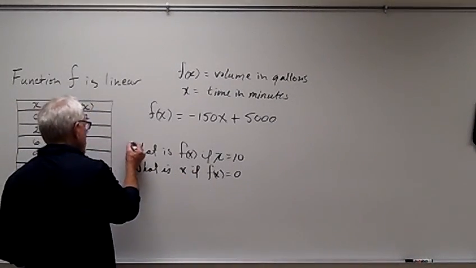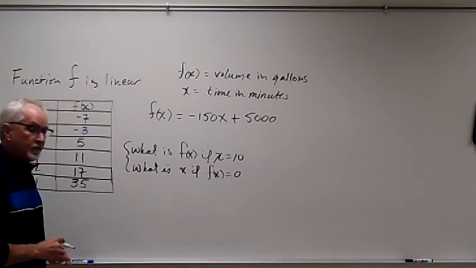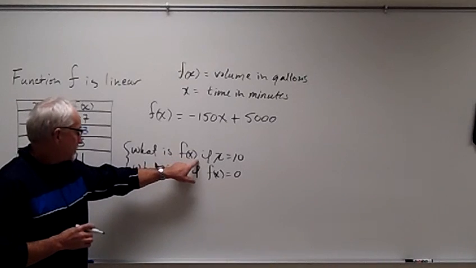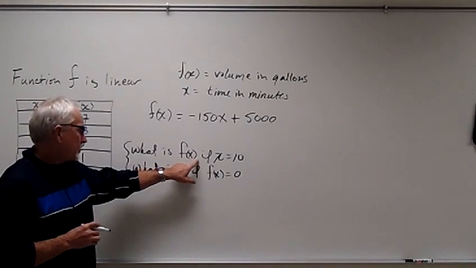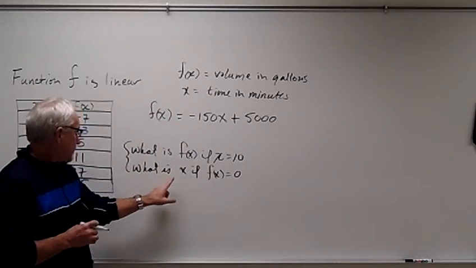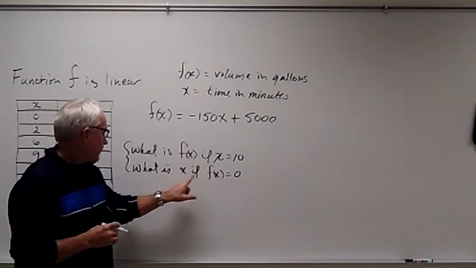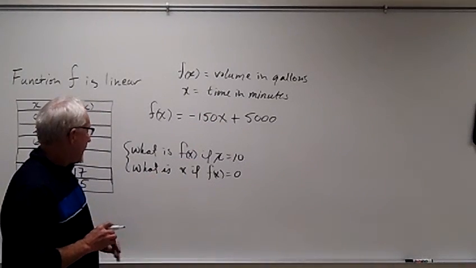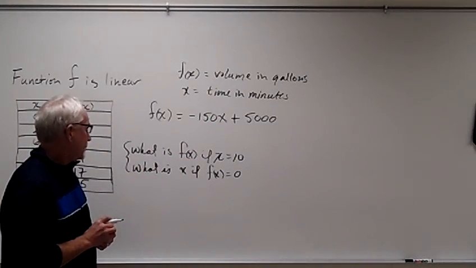So these two questions involve different strategies. The first question will produce an answer that's in f of x, gallons. This question will produce an answer that's in x, time in minutes. Let's go ahead and answer these two questions.